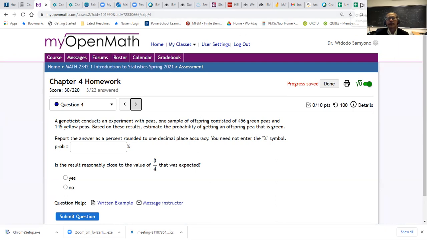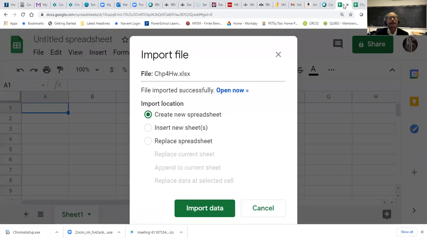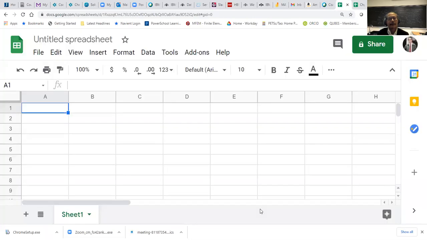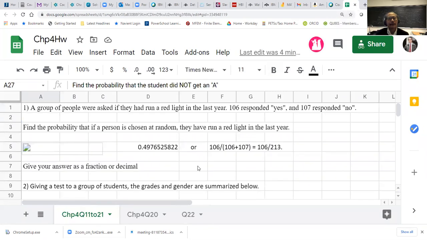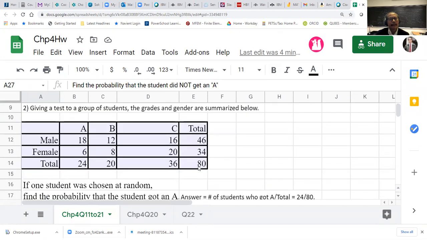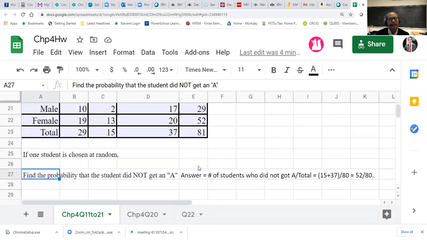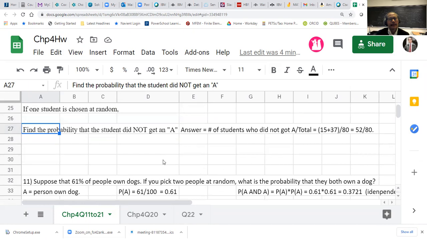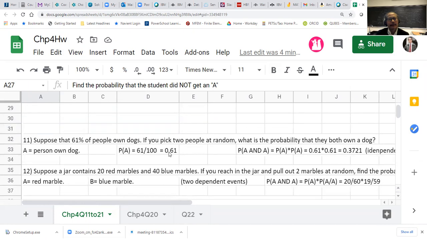Apparently someone changed number four, or maybe I didn't put it.